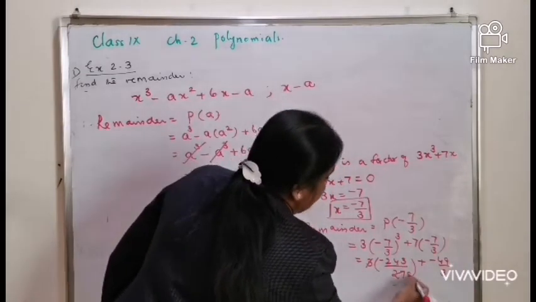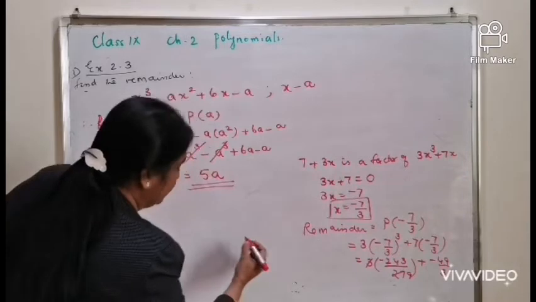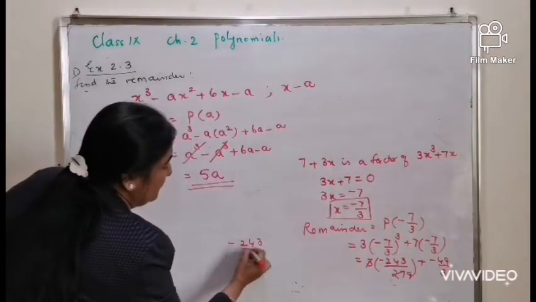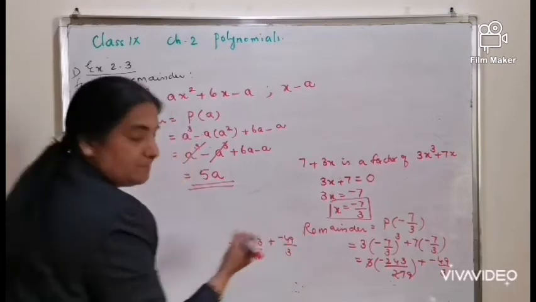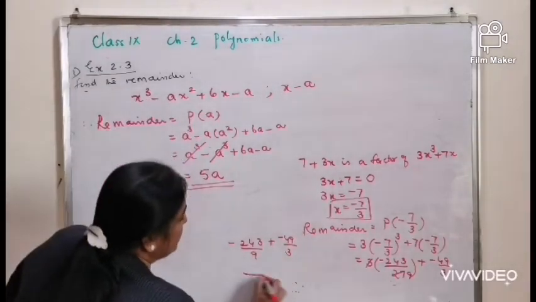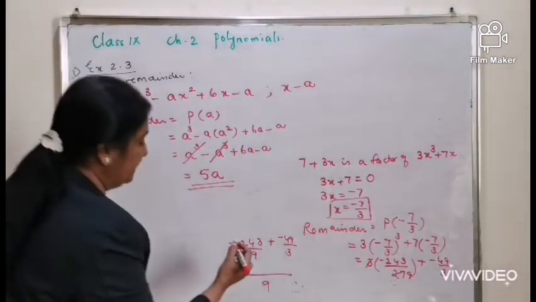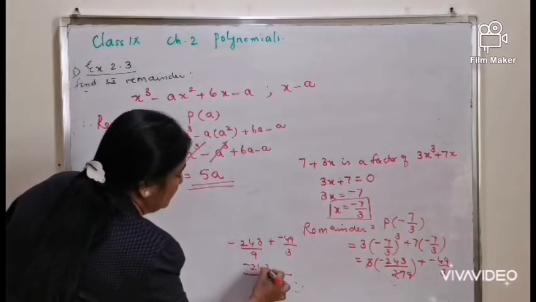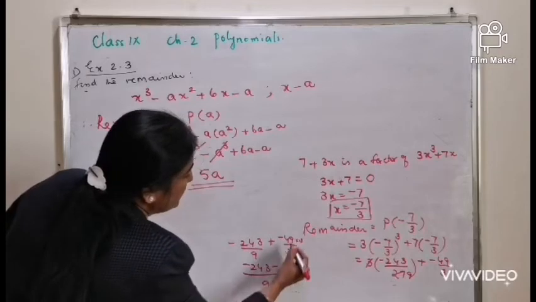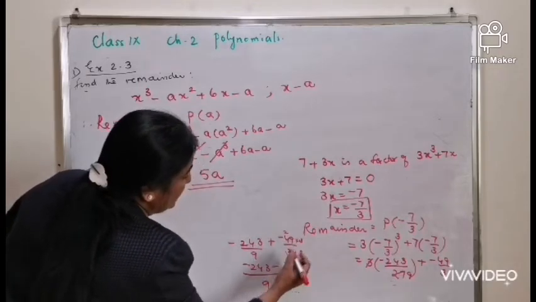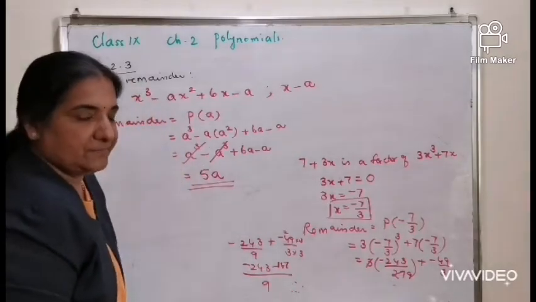3 cubed is 27, and 3 and 27 go 9 times. Minus 343 by 9 plus minus 49 by 3. LCM is 9. Minus 343 plus minus 147.